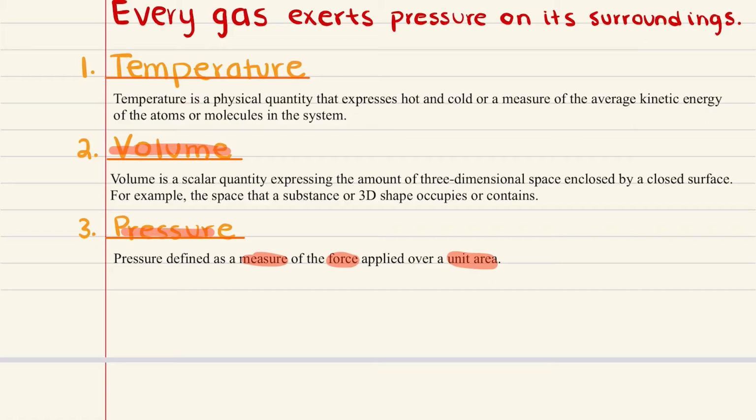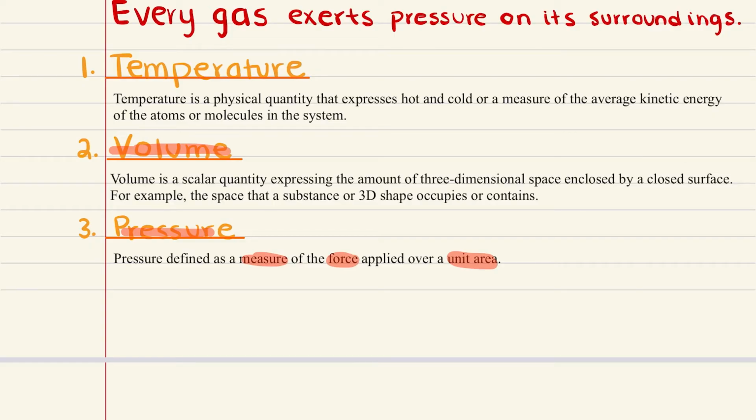Okay, let's think about what that means. And to do that, let's talk about gases. A gas uniformly fills any container. It's also easily compressed, and it mixes completely with any other gas. One of the most obvious properties of a gas, then, is that it exerts pressure on its surroundings.